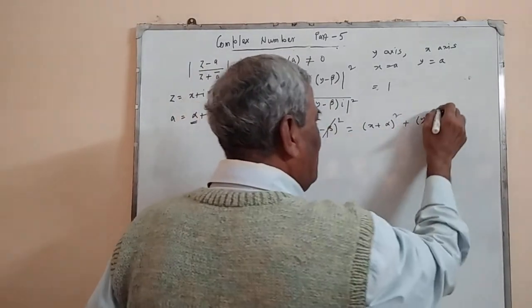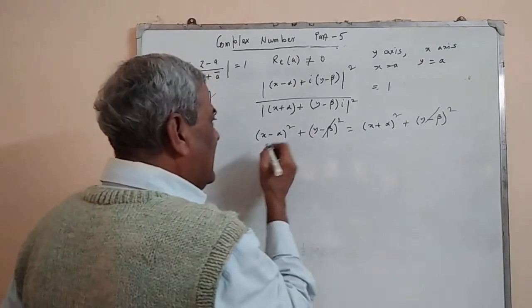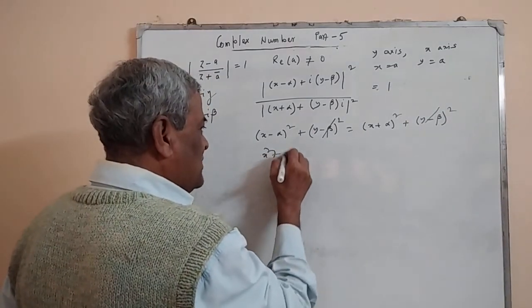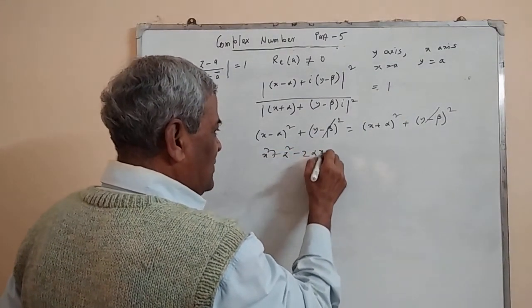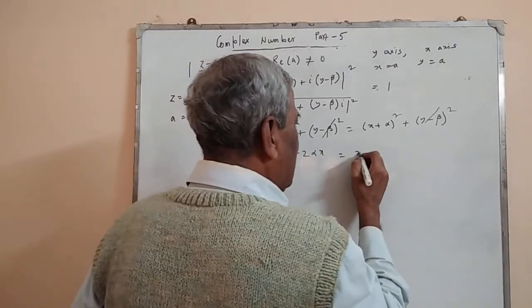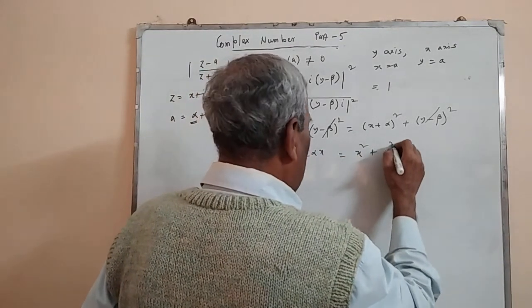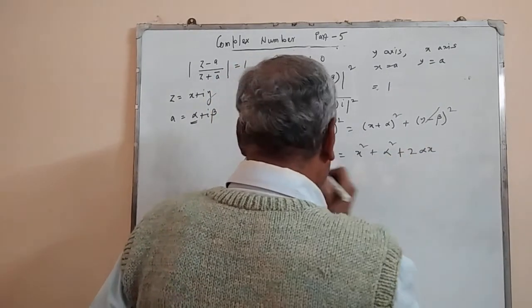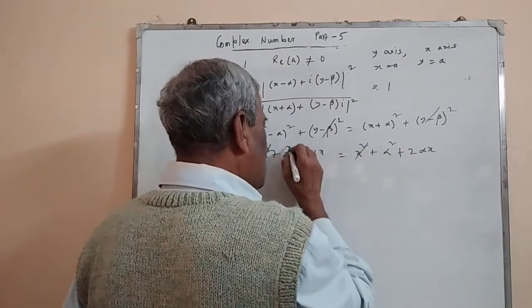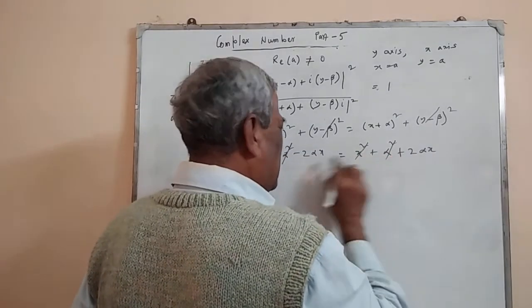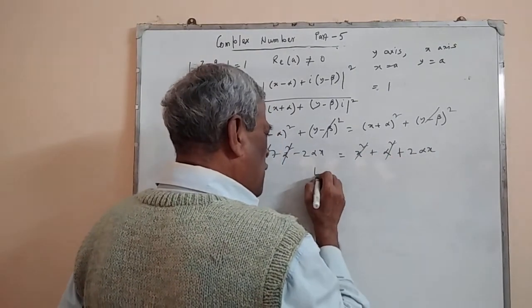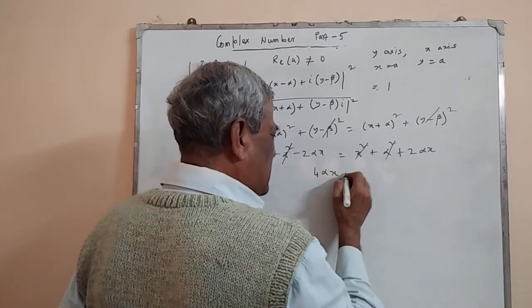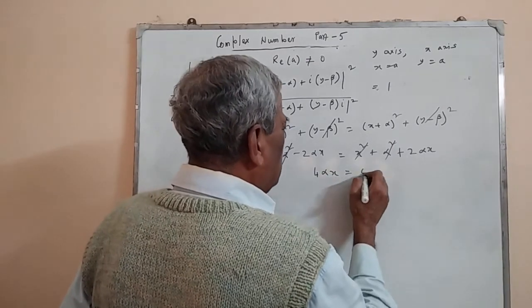They cancel. Then we get x square plus alpha square minus 2 alpha x is equal to x square plus alpha square plus 2 alpha x. X square cancels, alpha square cancels, so together we get 4 alpha x is equal to 0.